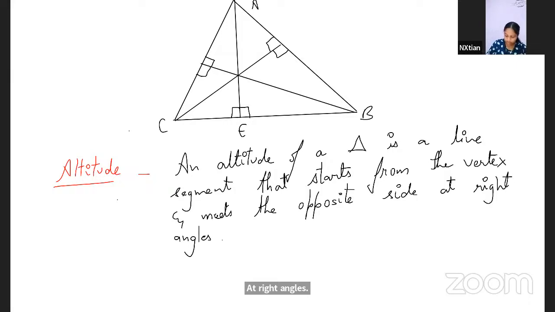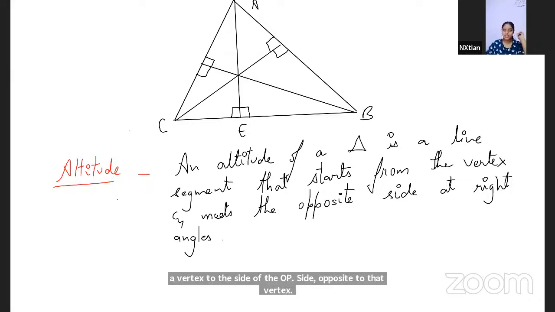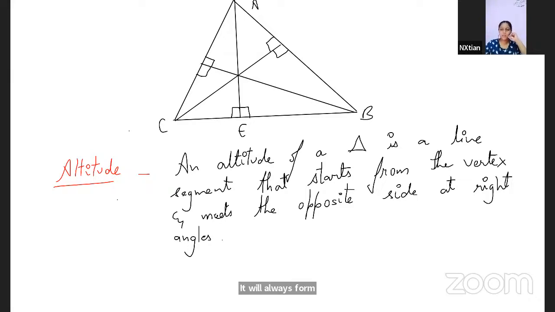So when an altitude falls from a vertex to the side opposite to that vertex, it will always form 90-degree angles.